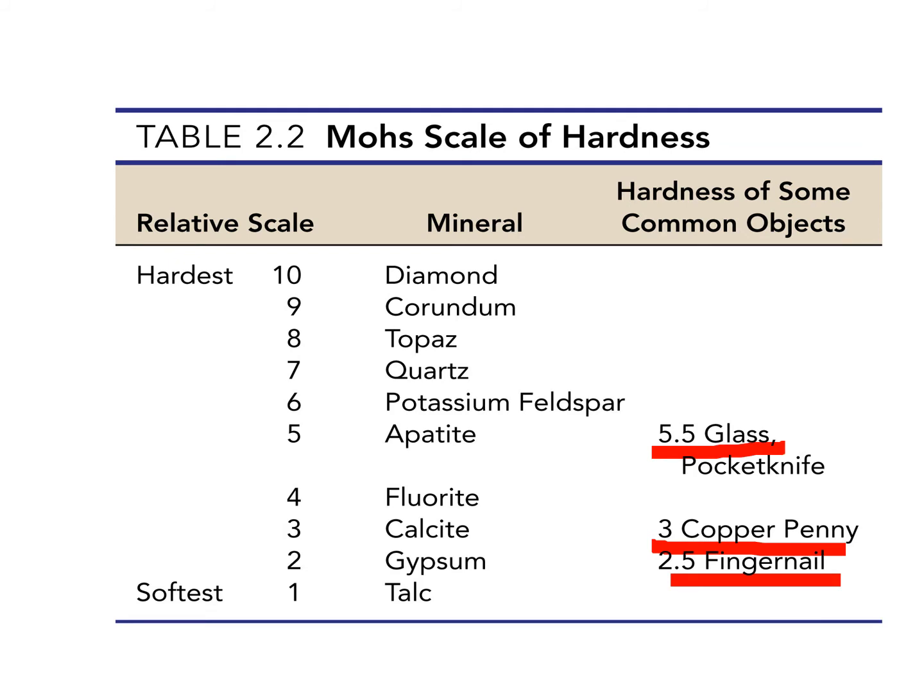These are just a handful of handy materials, but if, for instance, it's soft enough to be scratched with your fingernail, you know it's around a hardness of 1 or 2, and so you're looking at something like gypsum or talc or something that has a similar hardness. A copper penny, so copper has a hardness of 3, which should be about the same as calcite. And so calcite and copper, their hardness is roughly equal.